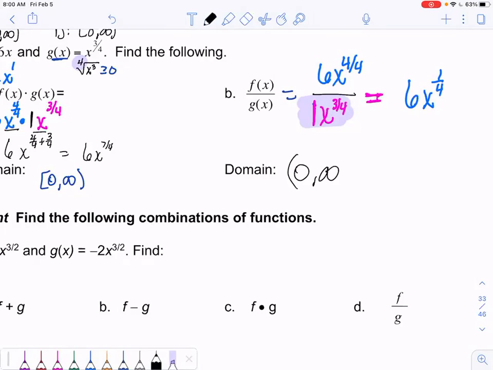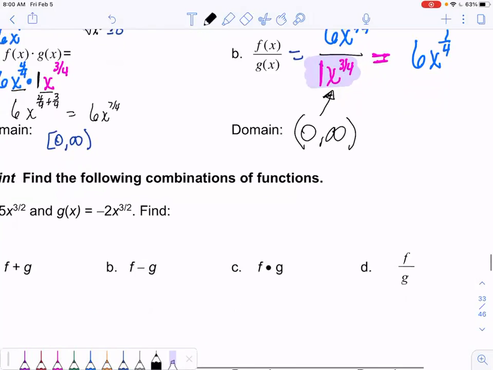But the 0 this time gets a parenthesis, and that's because it originally was in the denominator before we simplified it. And that's tricky to think about. So you can't always look at your answer. You have to look at what type of problem you're starting with. And we're starting with a fraction, we're dividing. So anytime something's in the denominator, it cannot be 0.